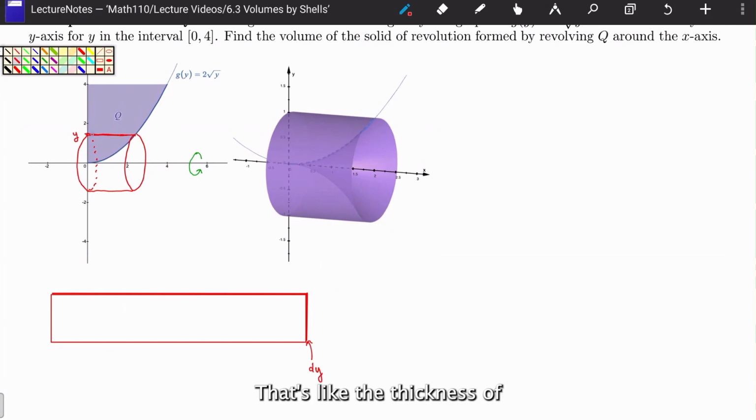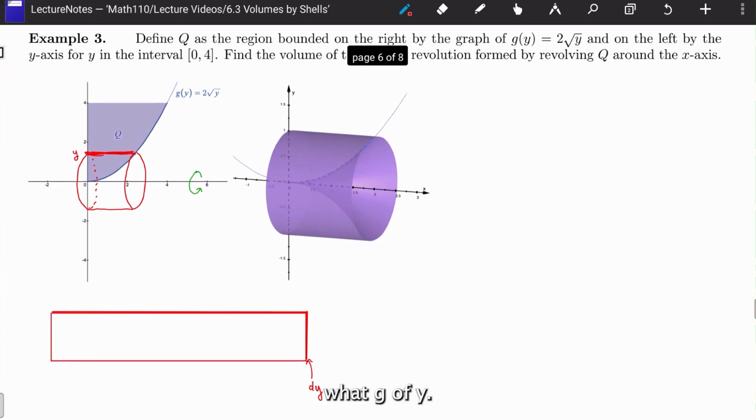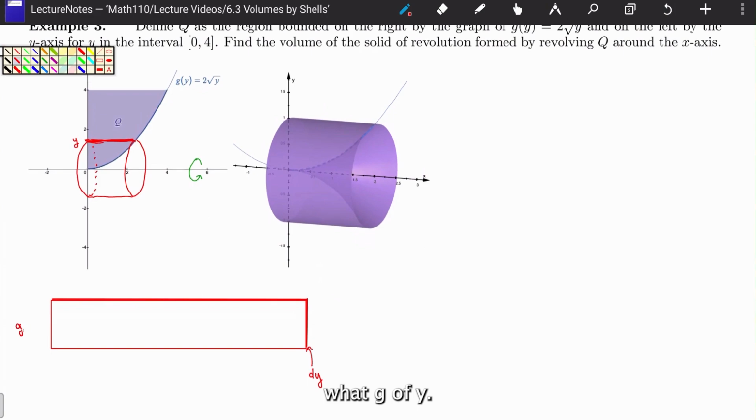right? That's like the thickness of this strip here. And my height is going to be g of y. Now, in this case, my radius here of the cylinder is going to be my y value.